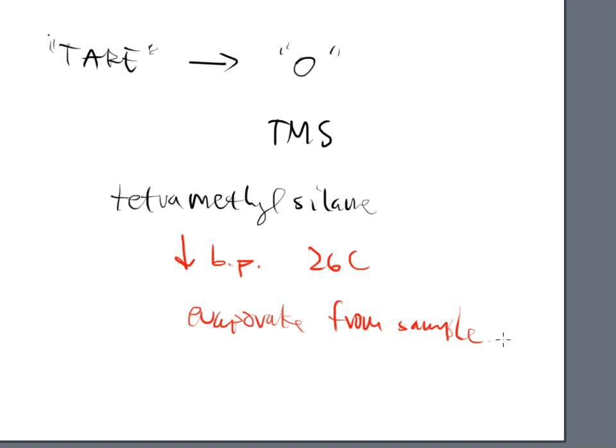I've not heated it up that much. I've not gotten close to the boiling point of the compounds that I'm trying to analyze. And that is what TMS really has going for it. So TMS is going to be the reference of choice here as far as the signals and the zeroing or the blank of the machine goes.